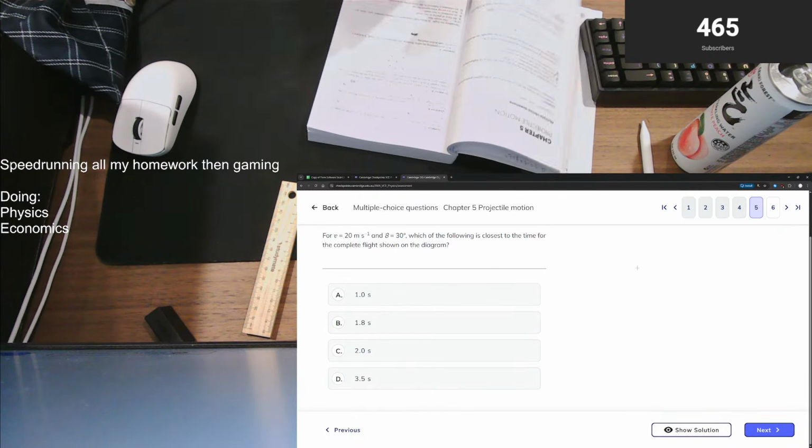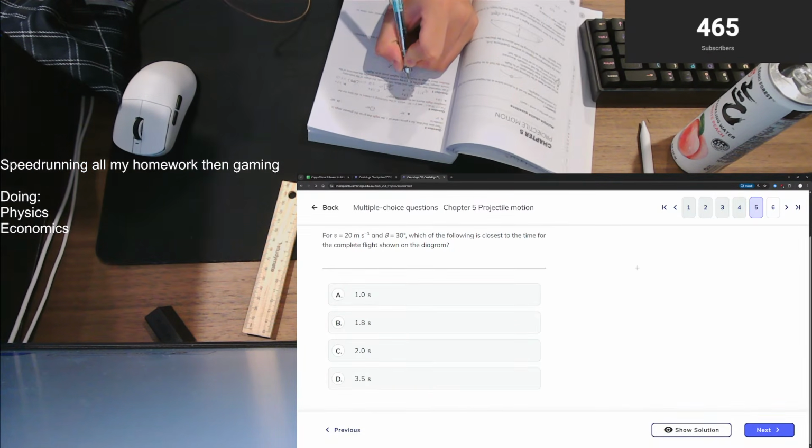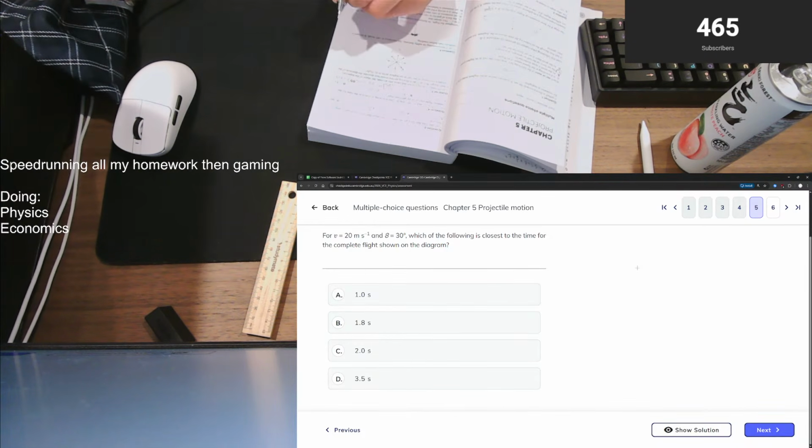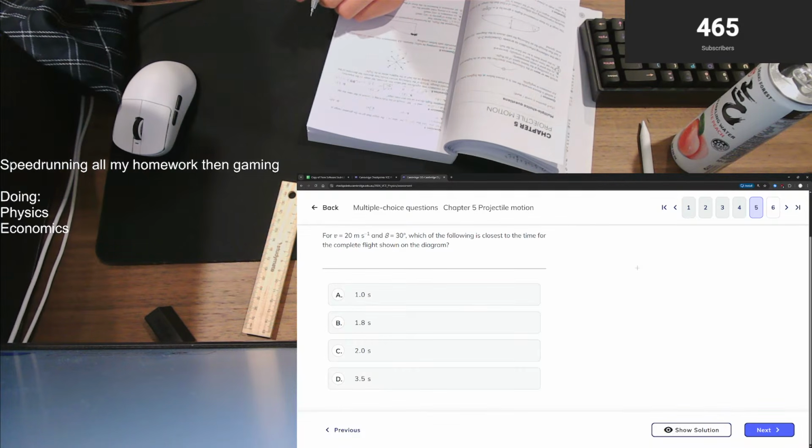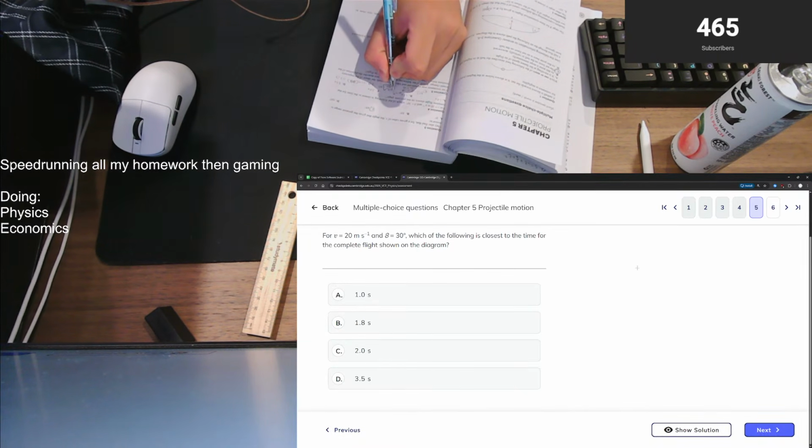But I don't know anything. Displacement, I don't know. The initial velocity. Initial should also be 10. Bro, I don't get what you're saying. Acceleration is 9.81.